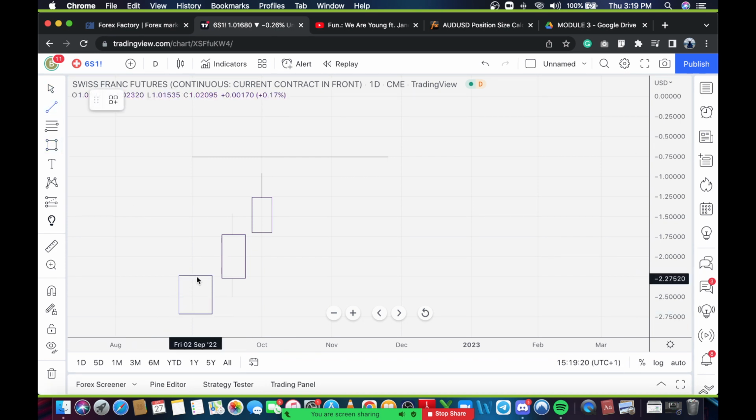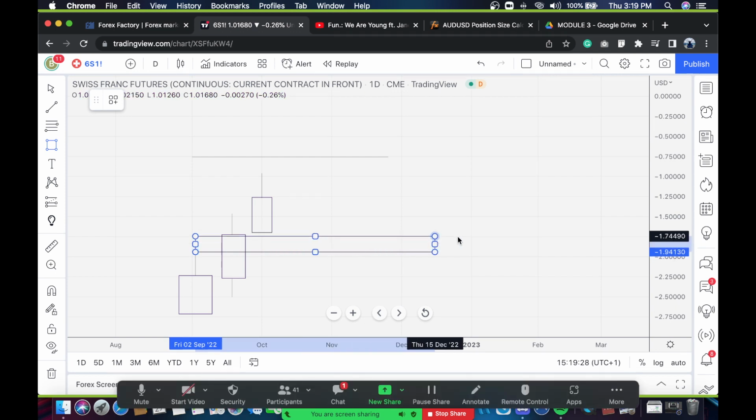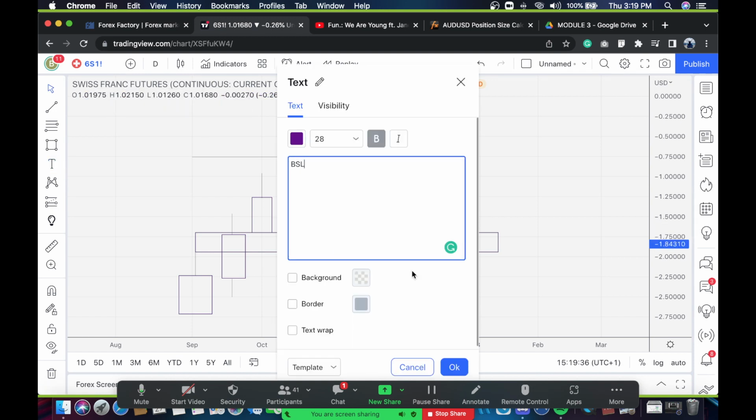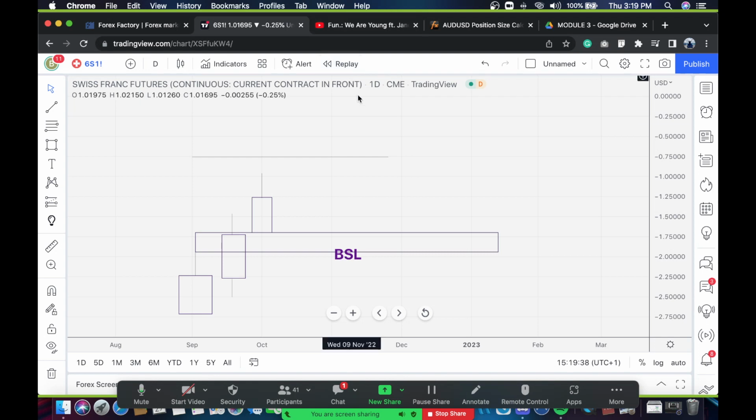So when you see something like this, that's going to constitute a fair value gap. This fair value gap is a buy side liquidity, BSL, and that's why if the market is at premium, we can expect the market to trade down into it. Why is it a buy side liquidity? Because we've only traded there on one side, the buy side. So the liquidity in that region of price is buy side liquidity.